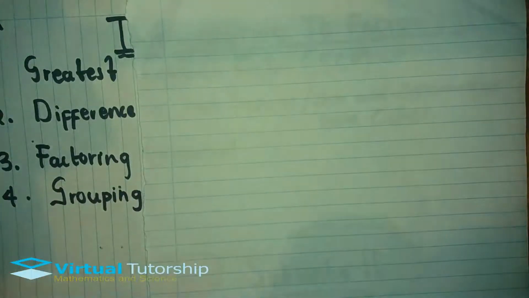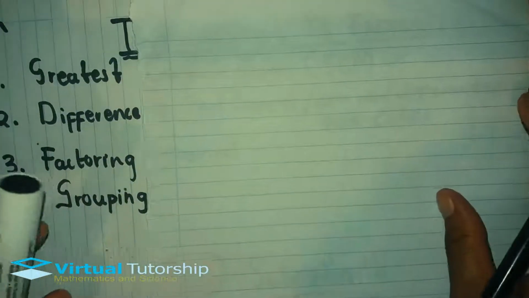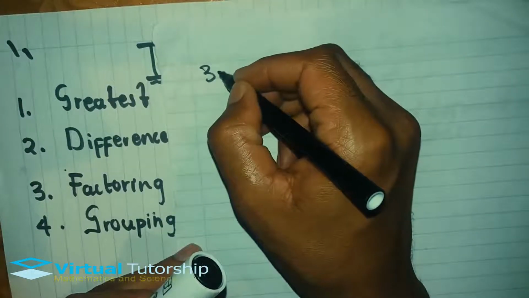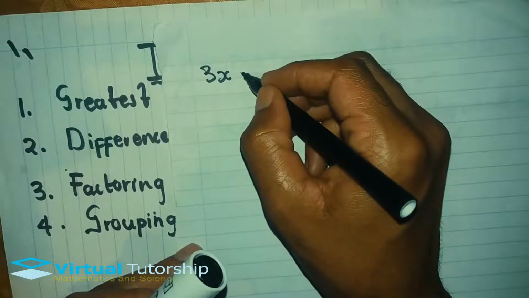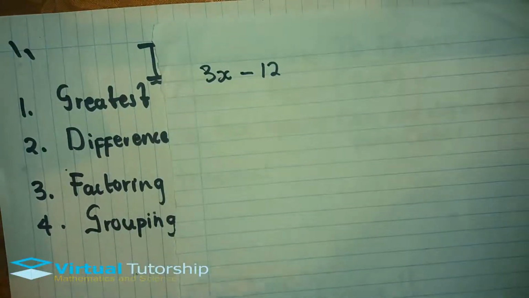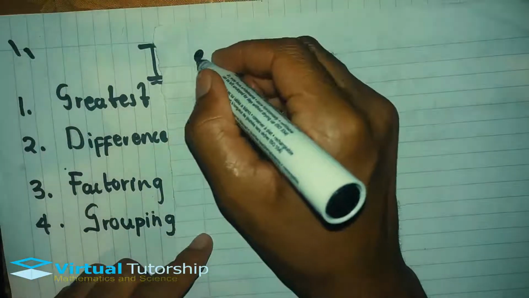Okay, let's say maybe sina something like 3x minus 12. This is an example.